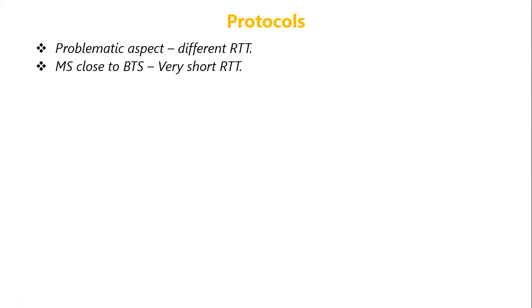If the MS which is far away works without correction, then a large guard space would be required. 0.23 milliseconds itself is 40 percent of 0.577 millisecond. 0.577 millisecond is nothing but 577 microseconds, which is the duration of one slot.